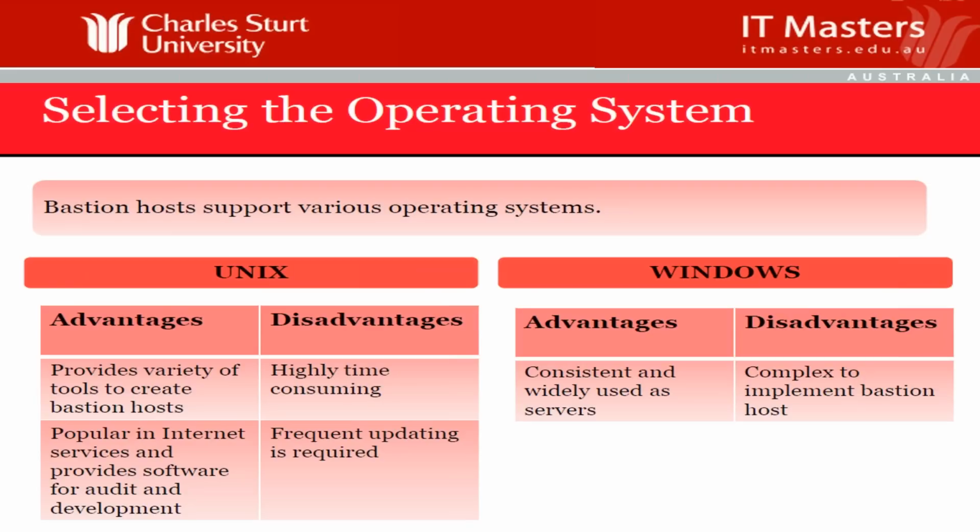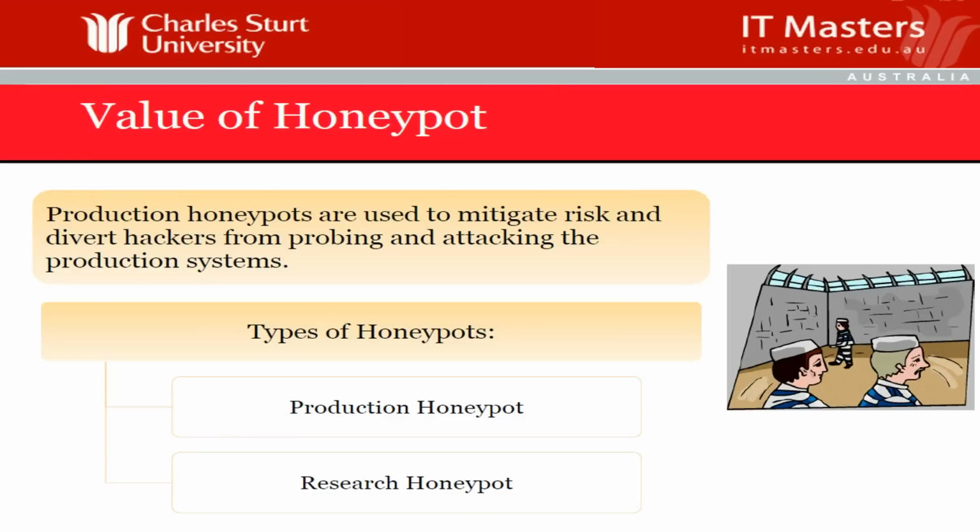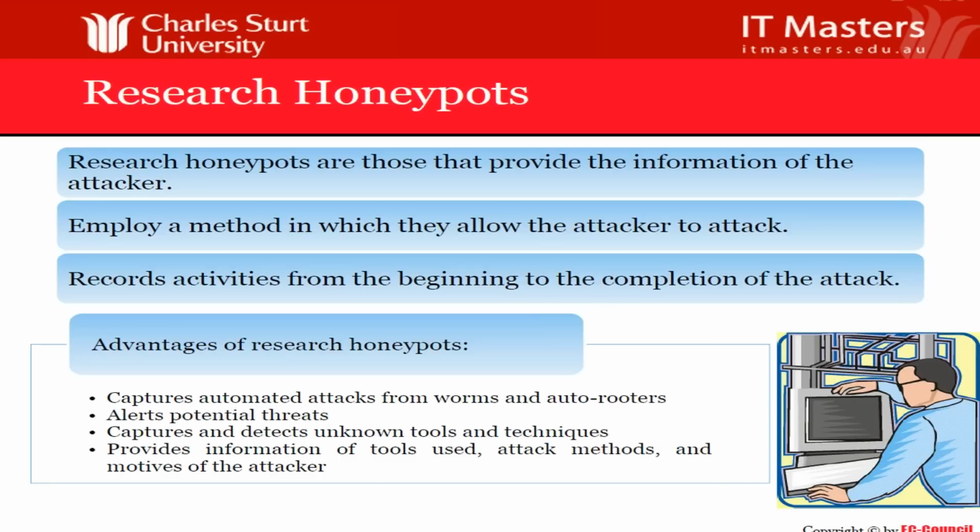What is a honeypot? Honeypots are basically traps. There are two types of honeypots, production honeypots and research honeypots. Basically, you create these machines to draw the attention of hackers to one location. You create research honeypots to allow an attacker to attack so you can collect information.